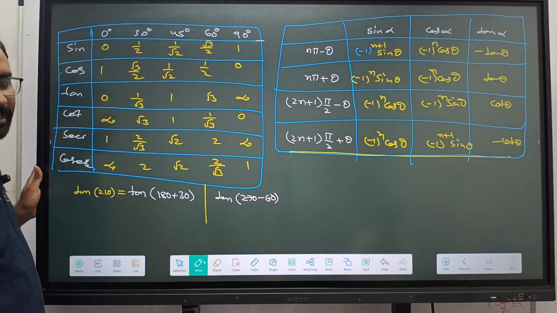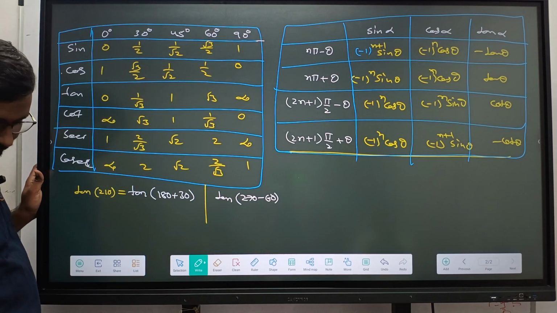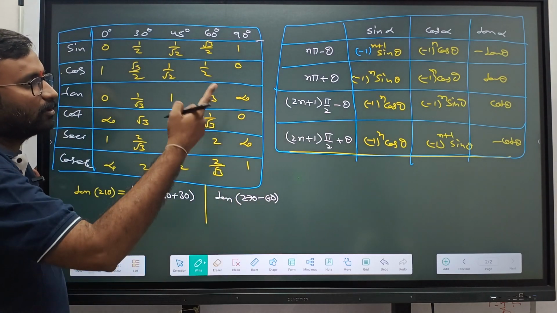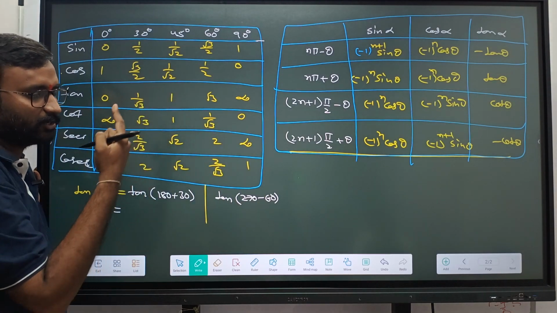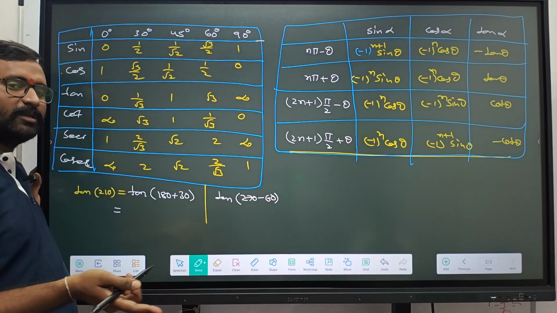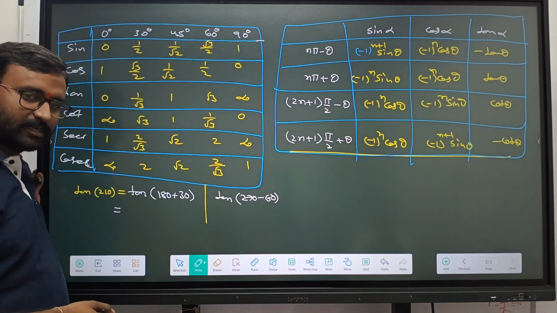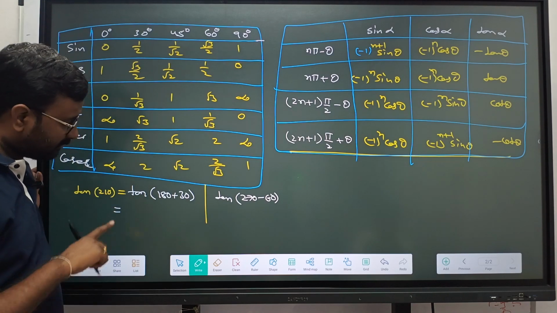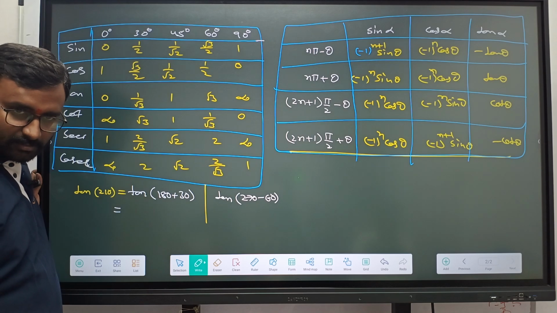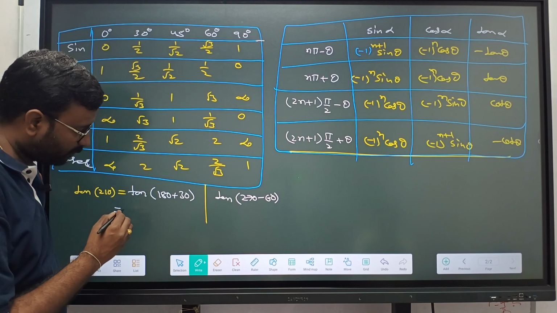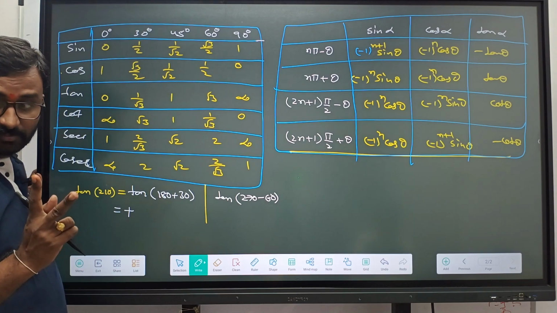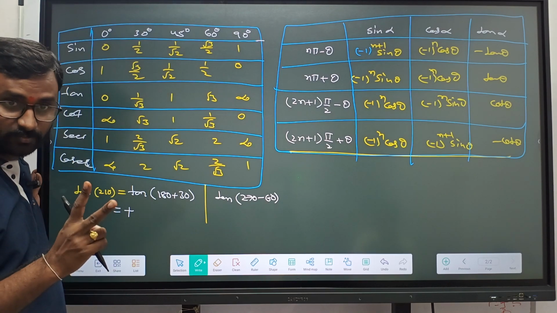180 plus, which quadrant? Tell me. 0 to 90 first quadrant, 90 to 180 second quadrant, 180 to 270 third quadrant. 180 plus means third quadrant. In the third quadrant, tan negative or positive? Positive, all silver tea cups. So plus. I said two points are very important. First, in which quadrant which ratio is positive.